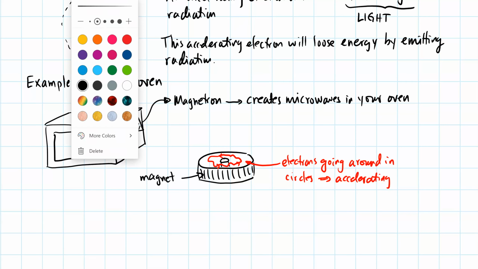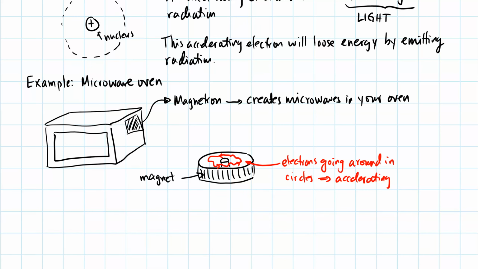And there's a tube that sticks out of this magnetron, and this tube is where the microwave radiation comes out. So how do you get the microwave radiation?